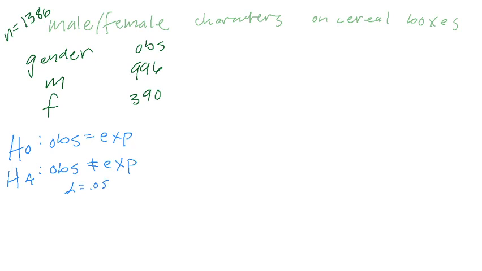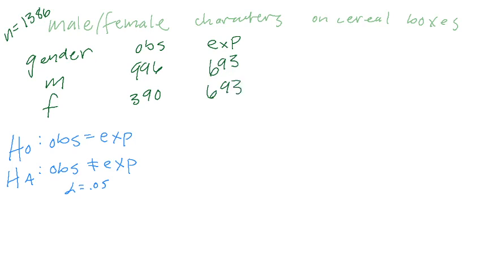All right, so we have observed values here, and how do we get expected values? So in this case, if the question was something like, we expect there to be an equal number of the genders, we would say take that N of 1386 and split it in two, right? If the genders were equally represented, we would have had 693 males and 693 females, okay?